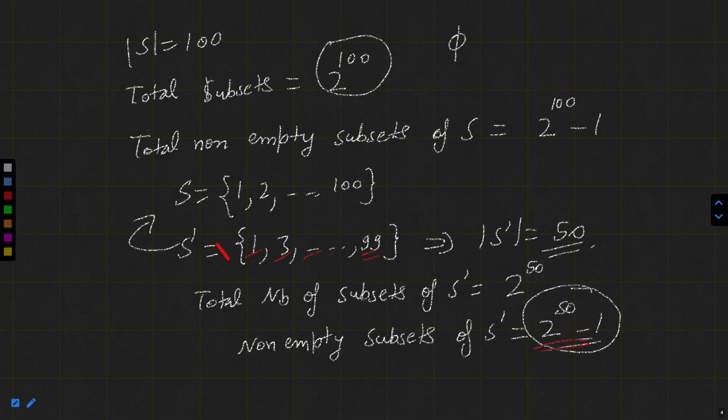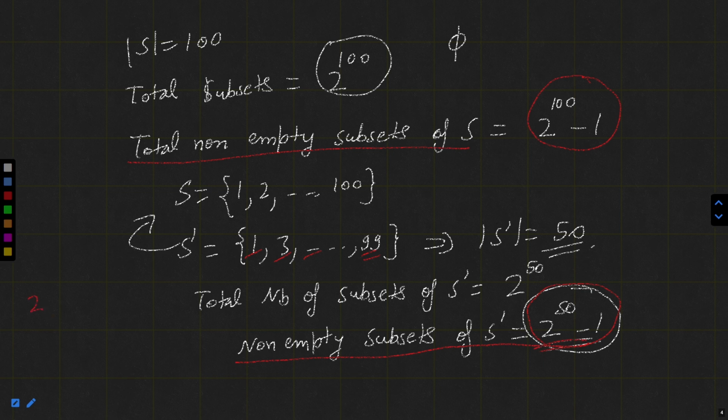So if we subtract the non-empty subsets whose elements are only odd numbers from the total number of non-empty subsets, which contain even or odd or a mixture of even and odd elements, then we will be left with the total number of non-empty subsets whose elements may contain even numbers, and their product will always turn out to be even.